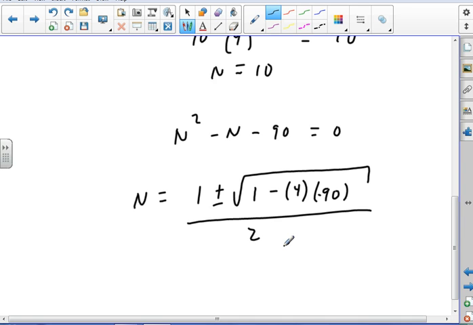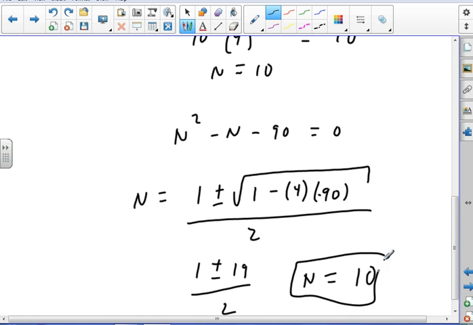Alright, so that's going to be 1 plus or minus 19 over 2. So that means n can be 10. Duh, hey, I used math.